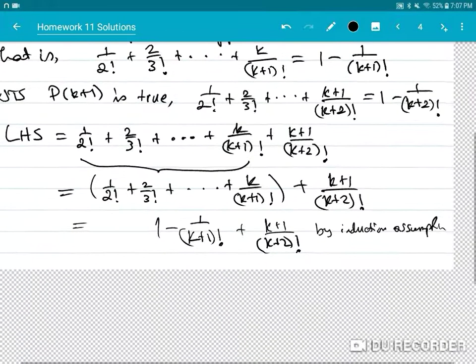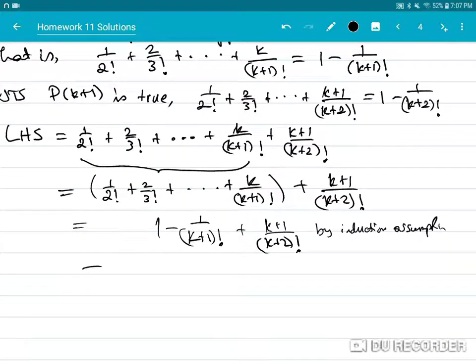Okay? Let's see what we want. We want to get that. So the common denominator is k plus 2 factorial.